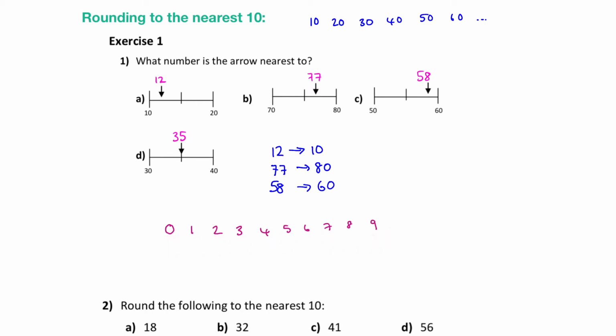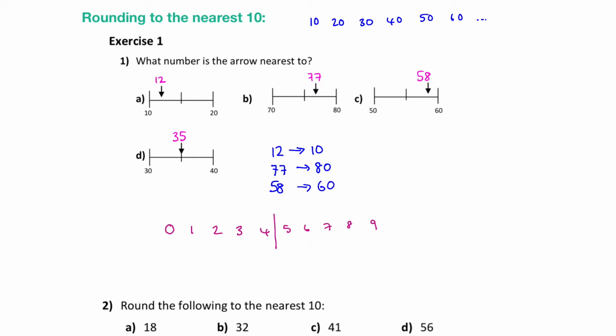So if we split that list in half, there are 5 numbers on each side, 1, 2, 3, 4, 5, and then 5 on the other side, 1, 2, 3, 4, 5. We can see that we've got an equal amount of numbers on both sides.